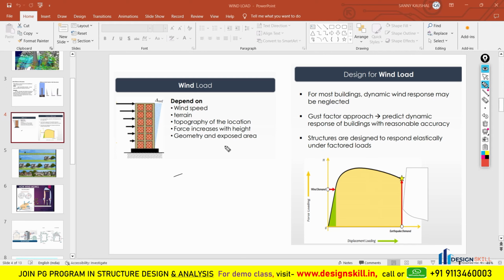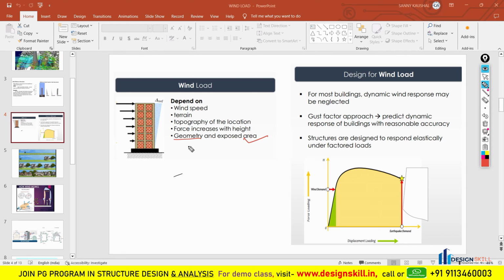Now the next factor on which the wind load depends is the geometry and the exposed area. Geometry and exposed area generally means the configuration of the structure: whether you have a cylindrical structure, a square structure, or a circular structure.